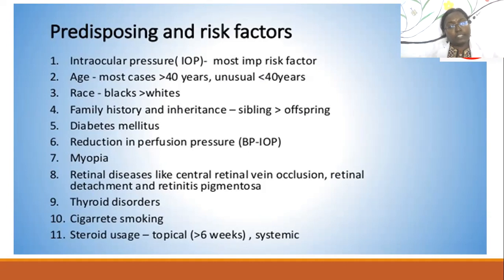Diabetes mellitus and myopics. Myopics are more prone to get open angle glaucoma, whereas in hypermetropia, the eyeball is very small. The axial length of the eyeball is small and they are more prone to get angle closure glaucoma.